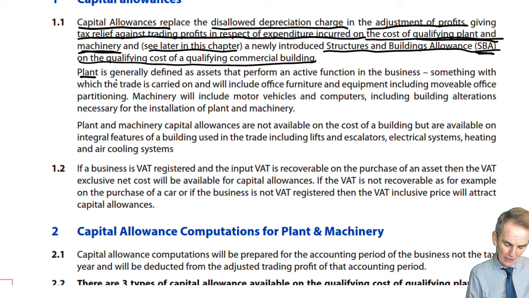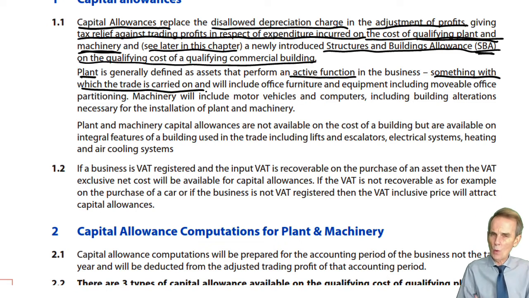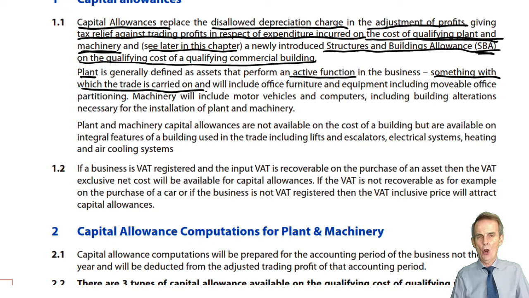Plant we generally define as assets that perform an active function in the business, something with which the trade is carried on rather than something in which the trade is carried on. With which the trade is carried on, that is plant and machinery.